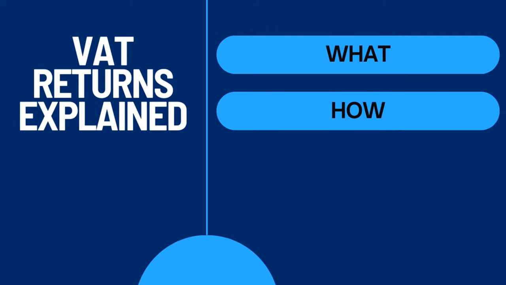A VAT return is declaring the VAT charged on sales and claiming back the VAT on expenses and then paying the difference. Sometimes there is more VAT claimed on expenses than there is on sales, so the payment is actually made from HMRC to the business or company. It's a VAT refund. But for most profitable businesses, there's going to be a payment to HMRC.